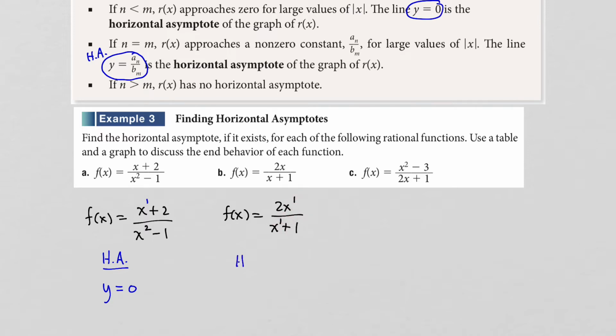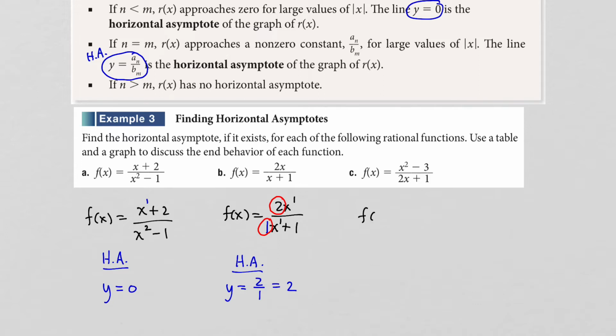And so to get the horizontal asymptote in this case, what you do is you identify the leading coefficient of each of these polynomials. Well, the leading coefficient of the numerator is 2, and the leading coefficient of the denominator is 1. And so the horizontal asymptote is going to be 2 divided by 1, which is 2. So y equals 2 is the horizontal asymptote.